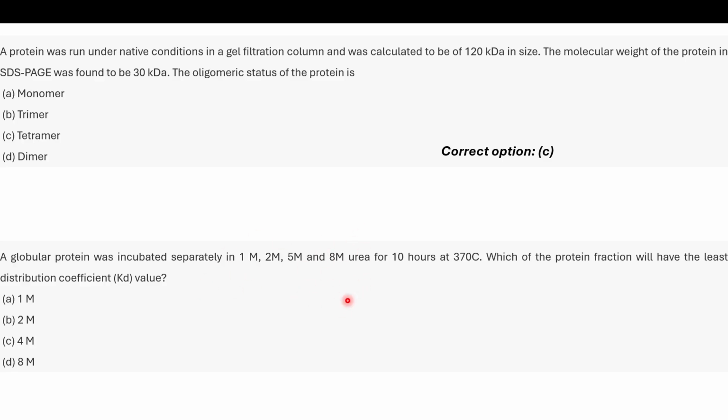That will be for the highest concentration of the denaturing agent, which in this question is 8 molar urea. At the highest denaturant concentration, the protein will be maximally unfolded and hence have the largest hydrodynamic surface area, and hence it will elute out the fastest as compared to the partially unfolded or properly folded form.